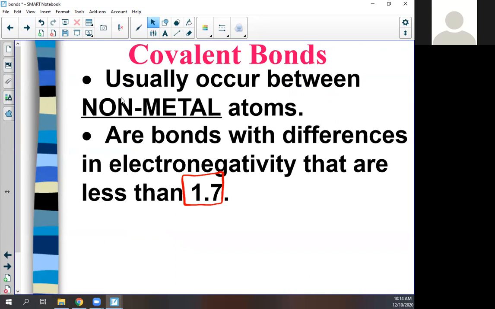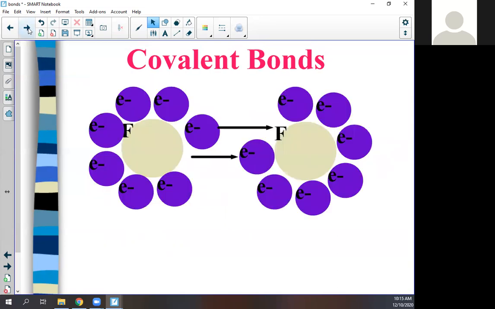So 1.7 is pretty much the cutoff for where an atom's not strong enough to hold on to an electron. If you're above 1.7, you will lose your electrons. So pretty much in an ionic bond, the metal's always low, the nonmetal's always high, and we have this big difference, and that severs the relationship. Covalent, though, since there's small differences, they have to share.